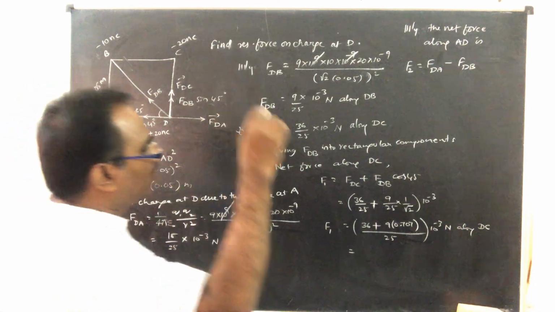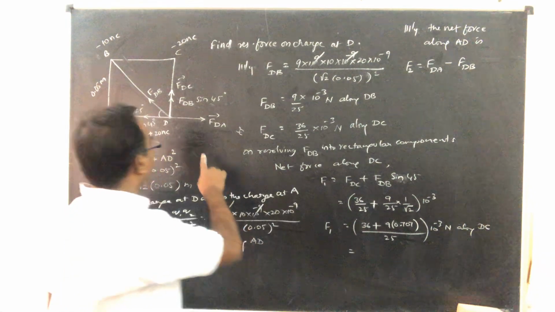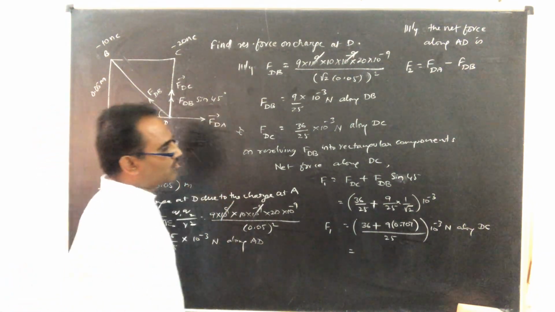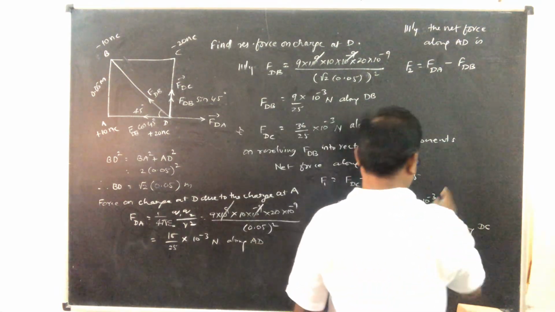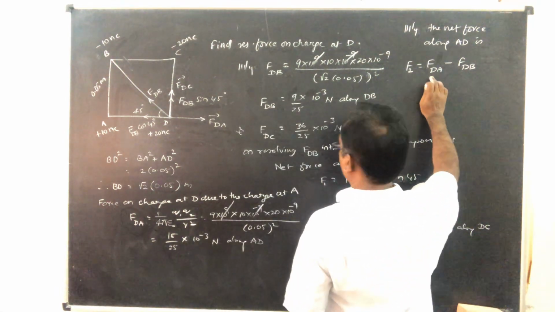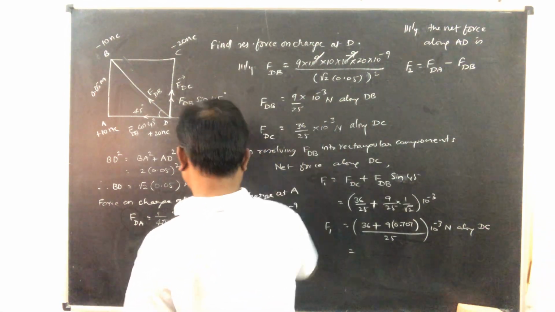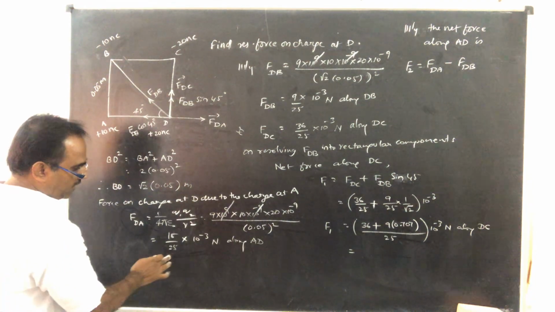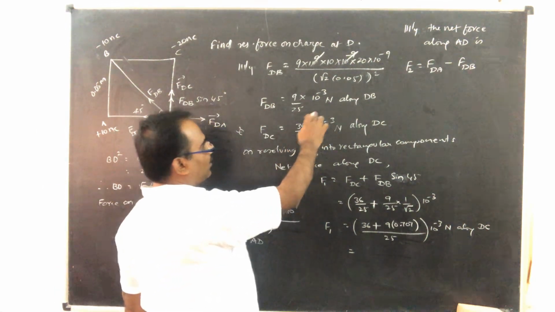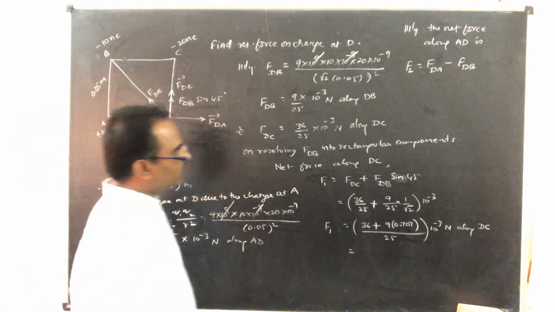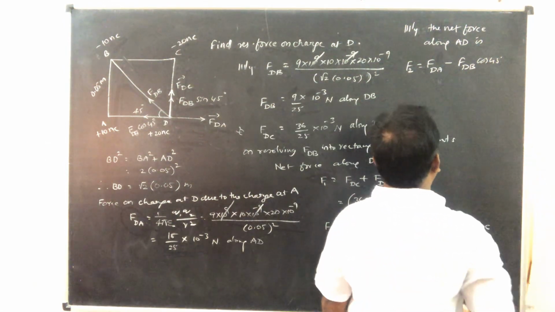Sorry, here on this side it is sin 45. Of course, the value of sin 45 or cos 45 will remain the same. Therefore, you will get the same value here. So in this case, this FDA value is greater than FDB cos 45. Therefore, the resultant will become FDA minus FDB cos 45.